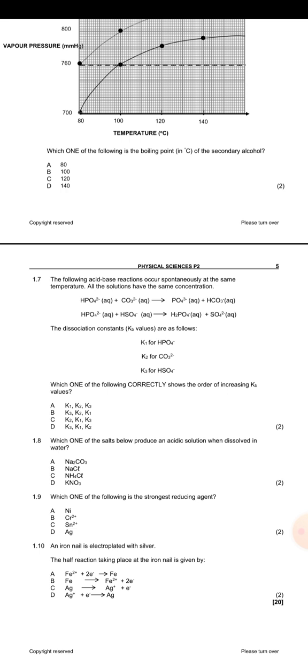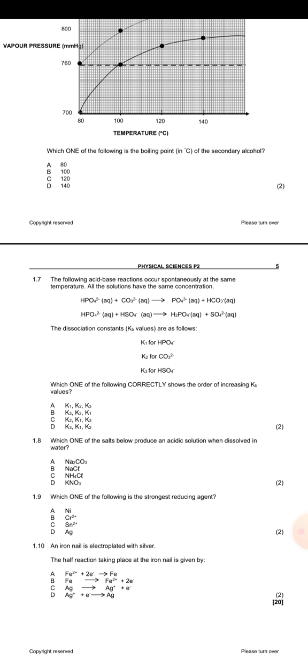Right, now all I need to do is find the base. The one that is acidic will have to have the lowest Kb, right? So let us see, from A, we observe HPO4 2 minus, then in the end we got PO4 3 minus. What does that tell us? It lost a hydrogen, it donated a hydrogen. So according to Bronsted, whatever donates a proton is going to be an acid, right?